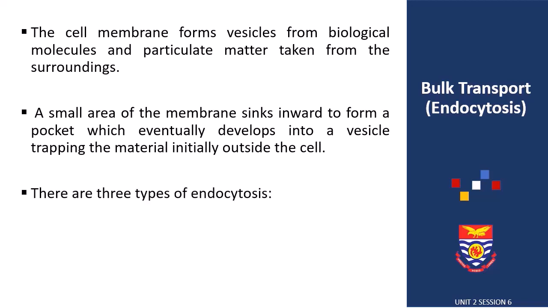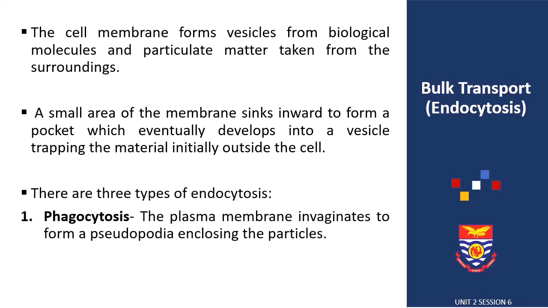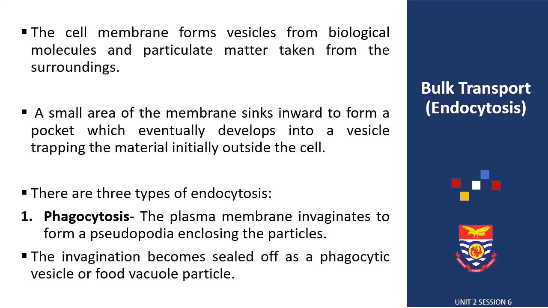There are three main types of endocytosis, and the first one we'll be looking at is phagocytosis. Phagocytosis literally means cell eating, and in phagocytosis, the plasma membrane invaginates to form a pseudopodia that encloses the particle. The invagination therefore becomes sealed off as a phagocytic vesicle or food vacuole.